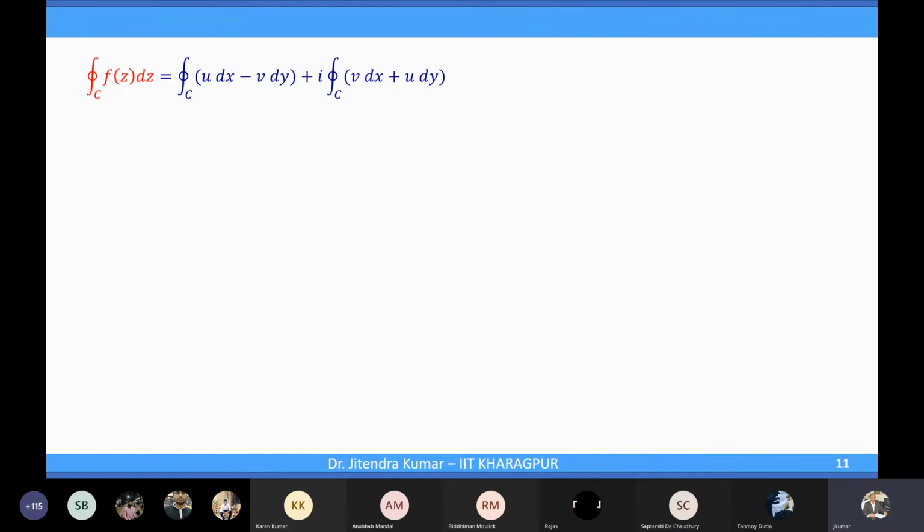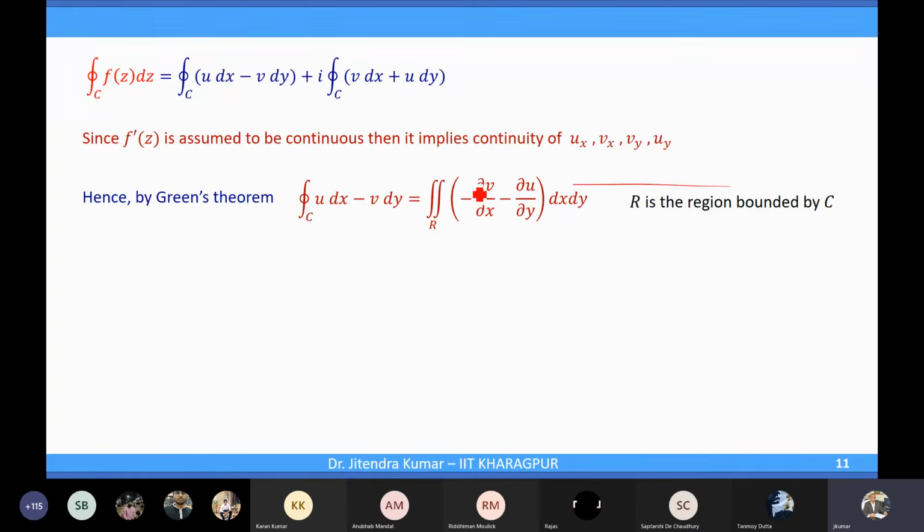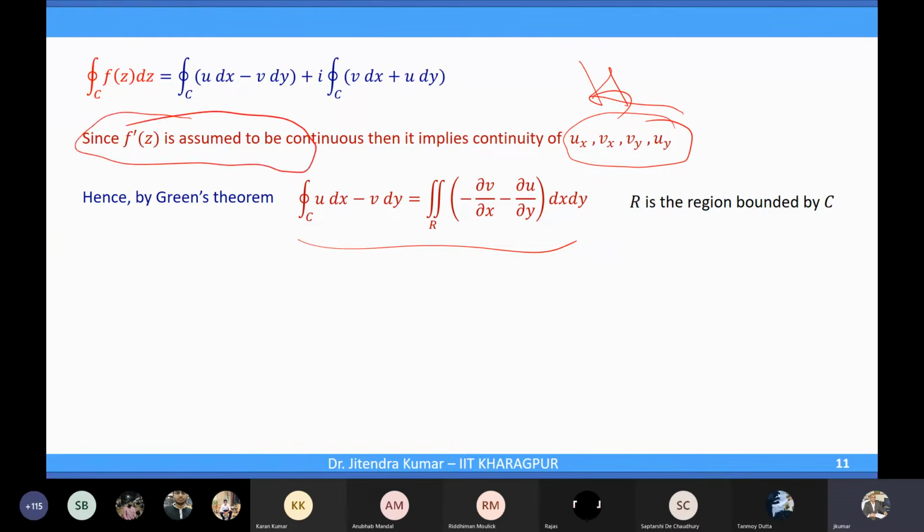The important point here was Green's theorem: once we know that u_x, v_x, v_y, u_y are continuous, and this continuity follows from the analyticity of f(z) itself. Though in this theorem, as I mentioned, Cauchy assumed this additional condition that f'(z) is continuous, but that is not required.